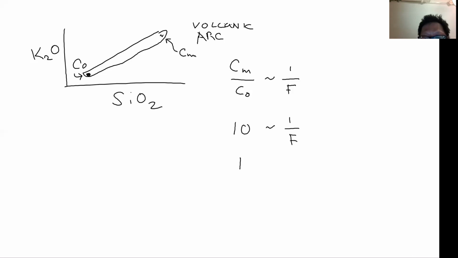What that means is to get a rhyolite from over here, a basalt, this is rhyolite, basalt, you're going to need about 90% crystallization. So if you see 1 kilometer of rhyolite, which you really never do, but let's say you do, then you're going to need 10 times more cumulates or everything else down hidden at depth.